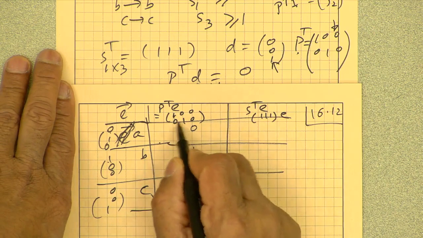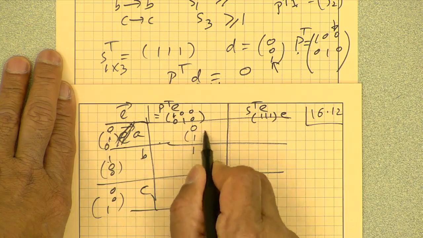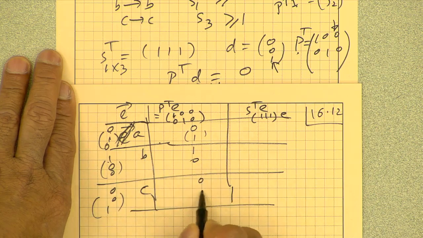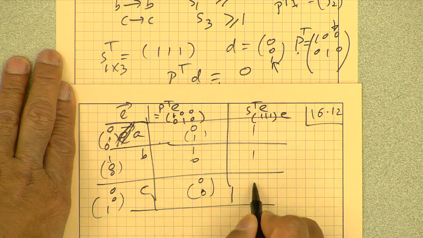Okay, for the second row should be middle value, so 1, 0, 0. Okay, S transpose, just add them up, 1, 1, 1.